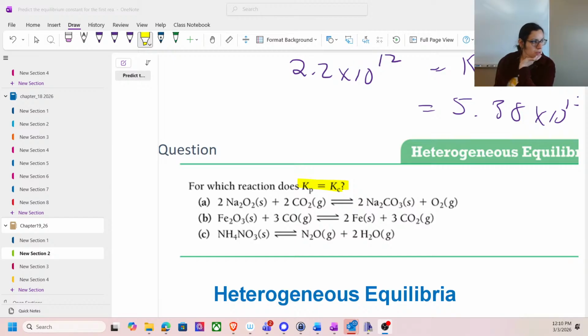So double check those. People in the chat are putting some answers, but make sure you're looking at the states of everything.